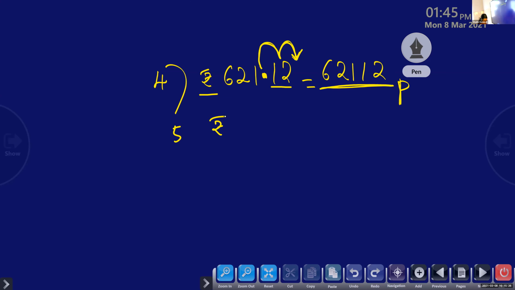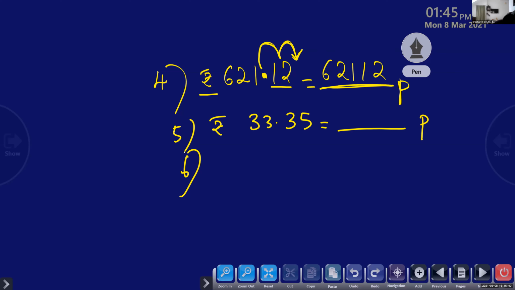Okay, children, next one, do alone. Rupees 33.35 equal to dash paise. Question number 6. Please mute your audio. 132.28 rupees equal to dash paise.